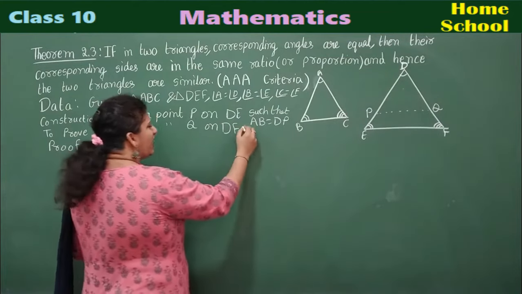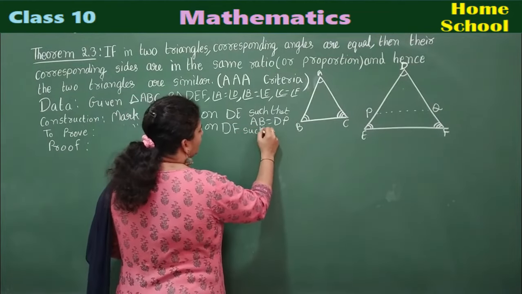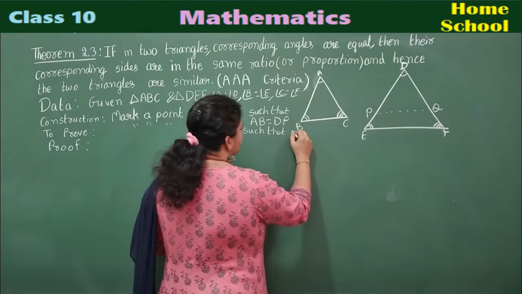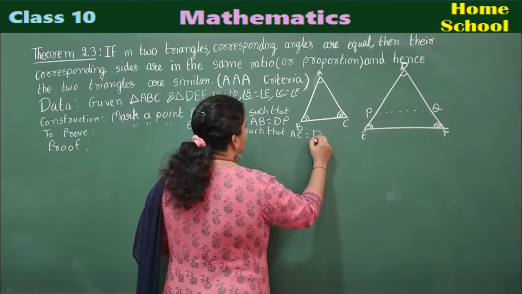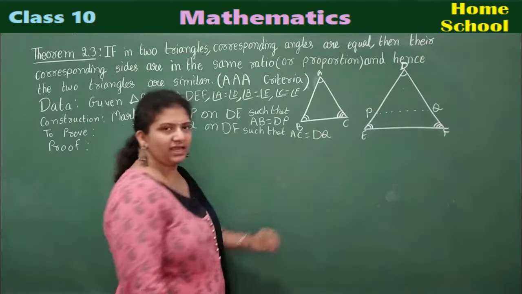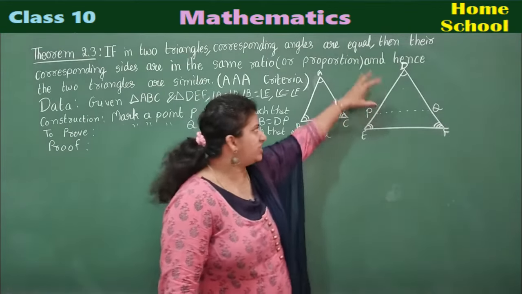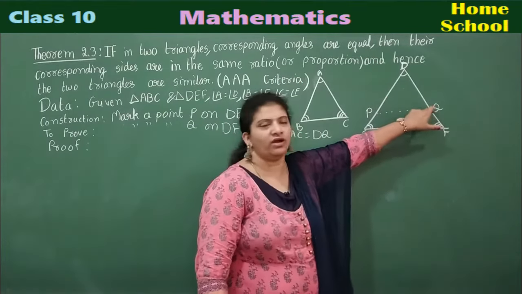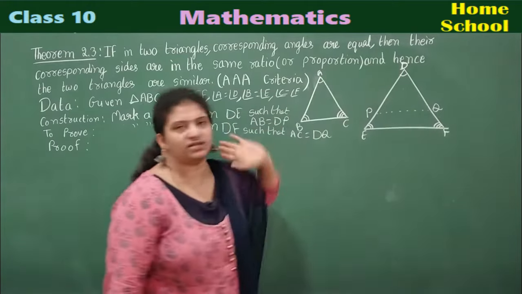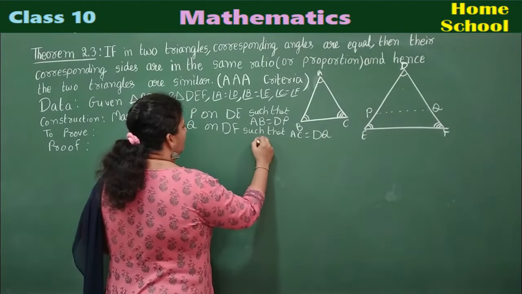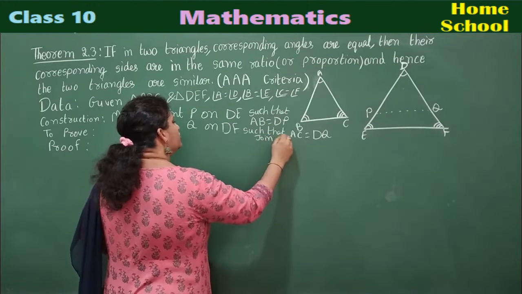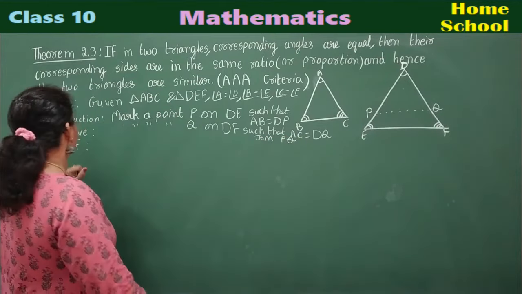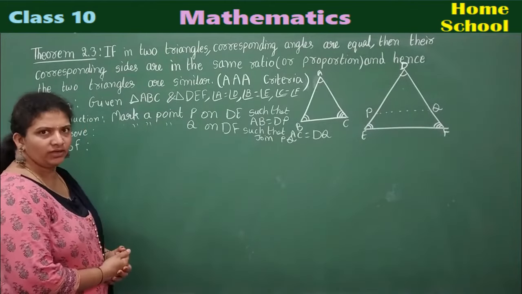DF, such that AC is equal to DQ. So once again, mark a point P such that this length equals this length, and mark a point Q here such that this length equals this length. And now, one more line: join PQ.